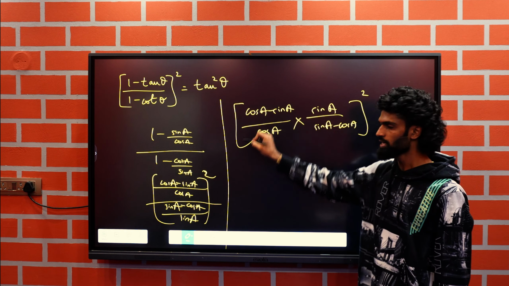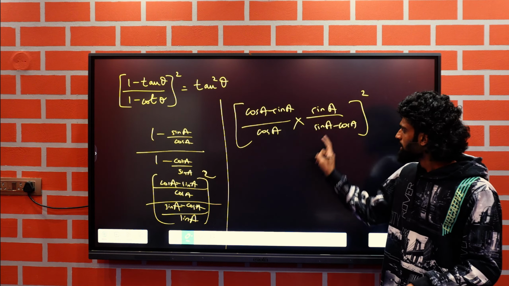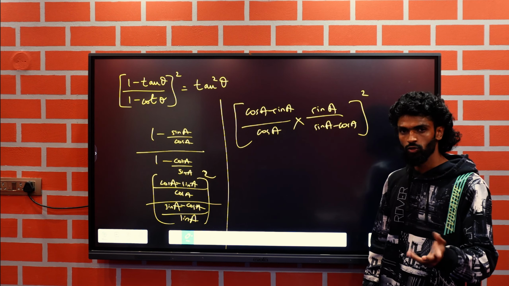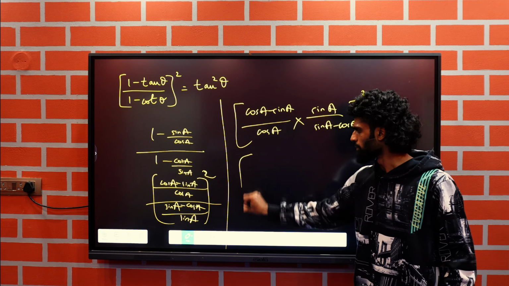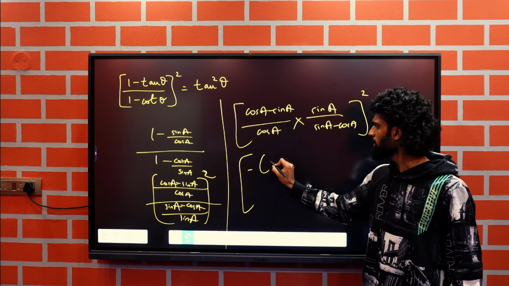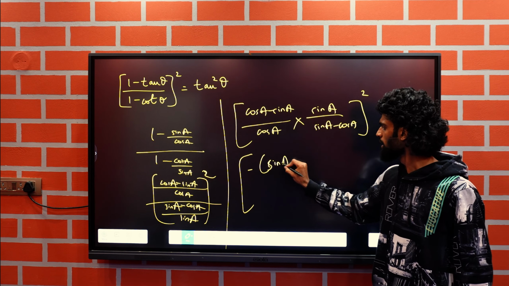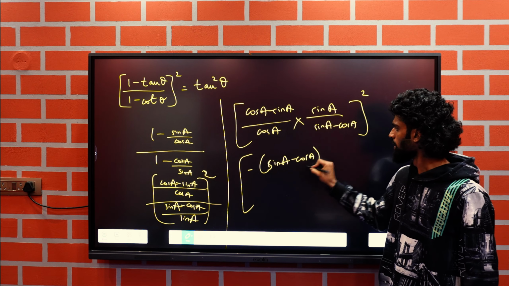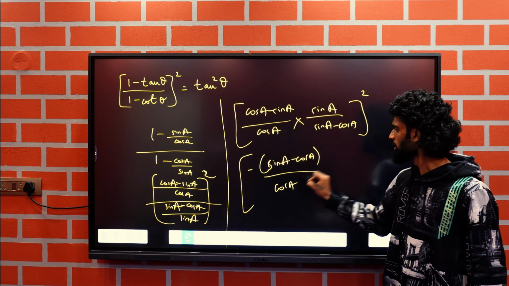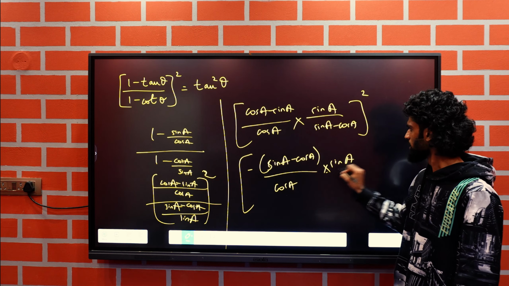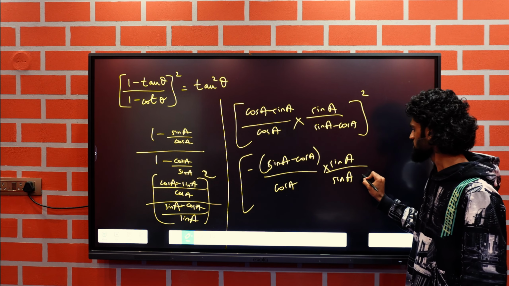Now I want to cancel it. That is very tempting to me, but the signs are not fine. So what do we do? I take minus common, no problem. After taking common, it becomes sine A minus cos A. By cos A is anyways there, sine A is anyways there. The same thing is anyways there.